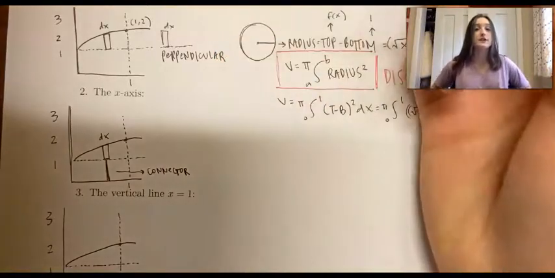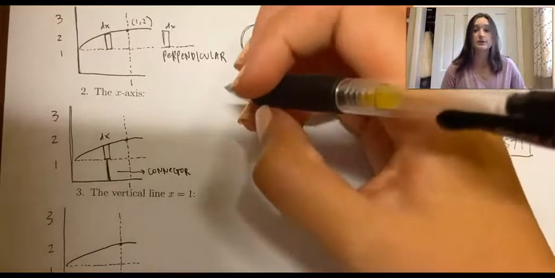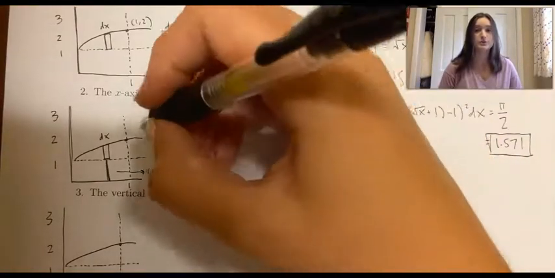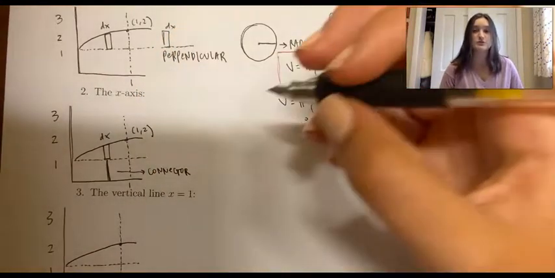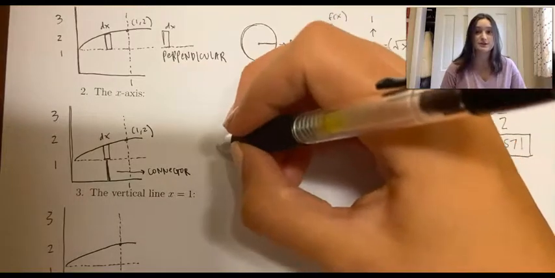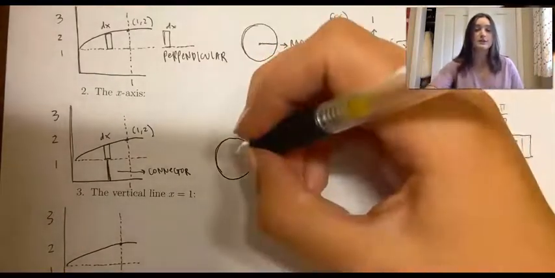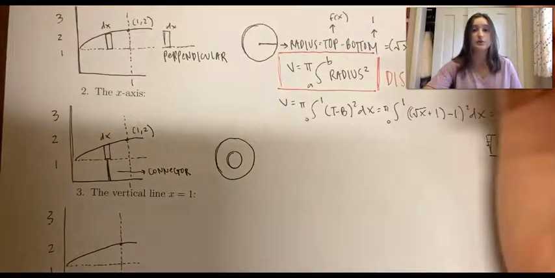So we still have this dx box, so we're still going to be working on finding a radius with top minus bottom. And what I'm going to do is draw that circle, which I would recommend that you do. I think it's pretty helpful as you're doing these to draw the circle just to visualize the space that you're looking at. So I drew that circle that represents that solid area, R, but then I'm going to draw a circle within that that represents that connector.